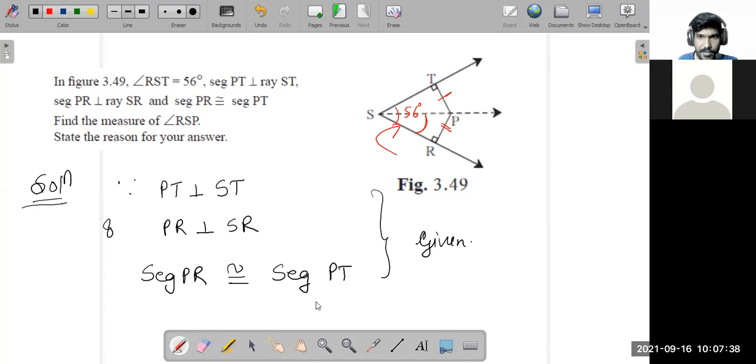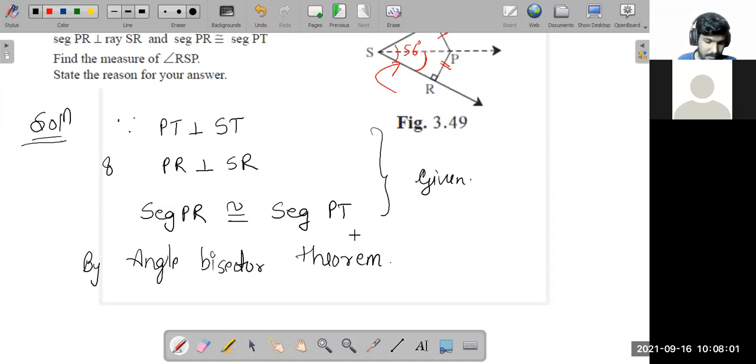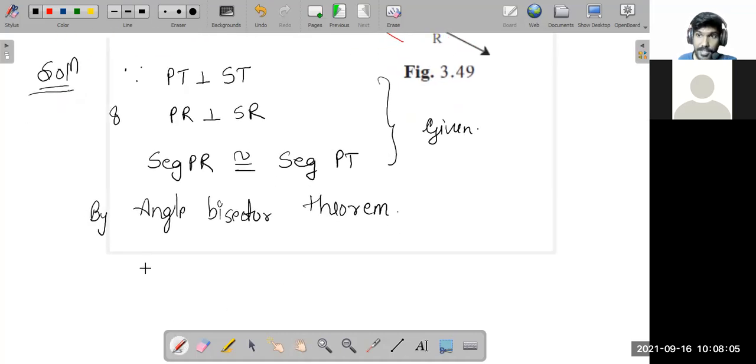Since, because of this and by angle bisector theorem, what we can say, the second part: any point equidistant from the sides of an angle is on the angle bisector.